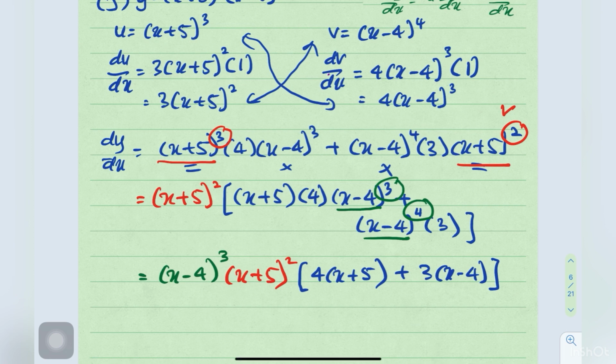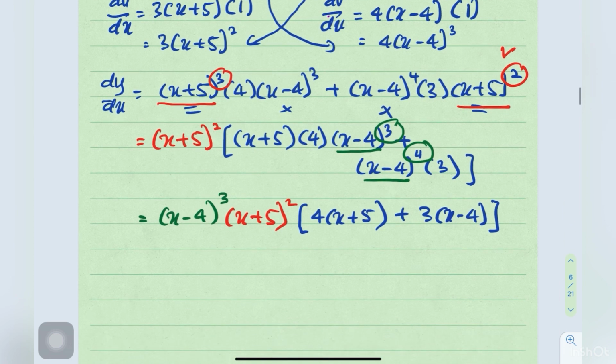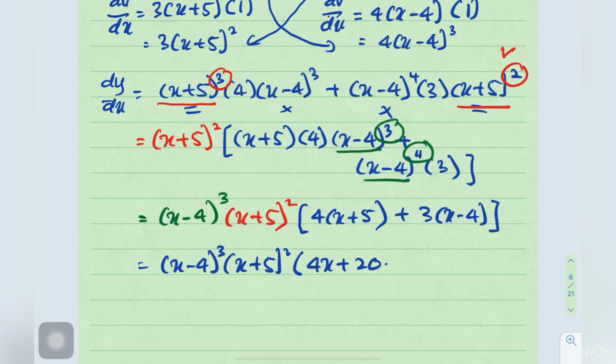Okay, so we simplify. All these things become (x minus 4) cubed, (x plus 5) squared, in the big bracket we expand 4x plus 20 plus 3x minus 12.